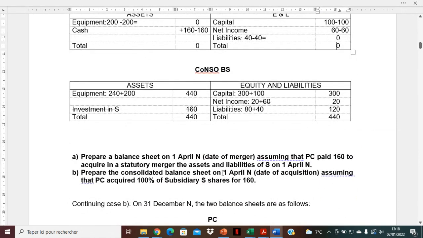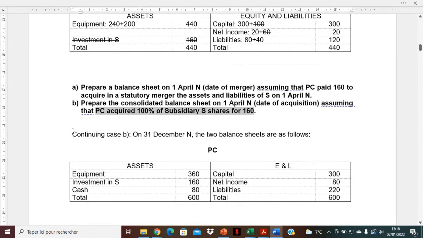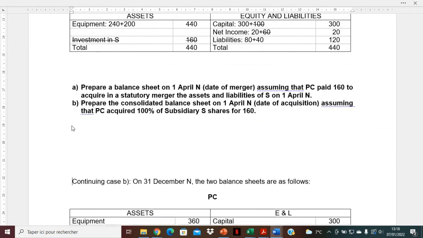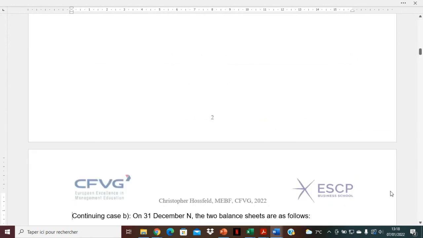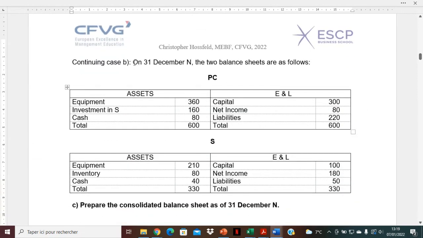So in the B case, we did a stock acquisition on April 1st. As I said before, on April 1st, that's not when we do the consolidation. Basically, the first consolidation will be on December 31st. So let me put this on the following page. On December 31st, obviously, we still have the parent company, we still have the subsidiary. Now I see in the balance sheet of the parent company the investment in S at the book value 160.